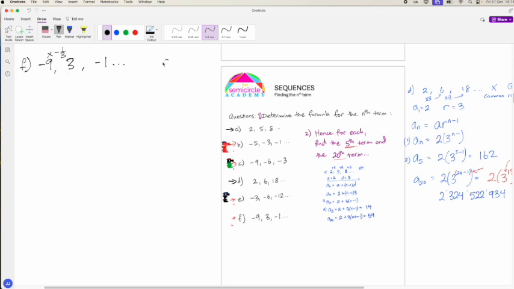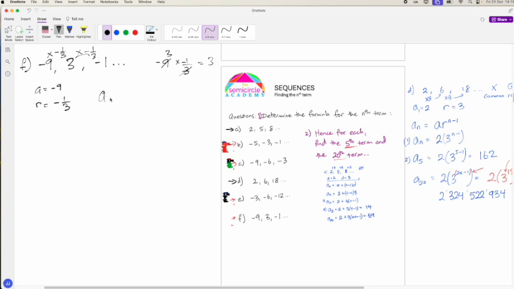Yes, because negative 9 times negative a third will give you positive 3, and then positive 3 times negative a third will give me negative 1 indeed. So it looks like A is negative 9 and R will be negative a third, yes.